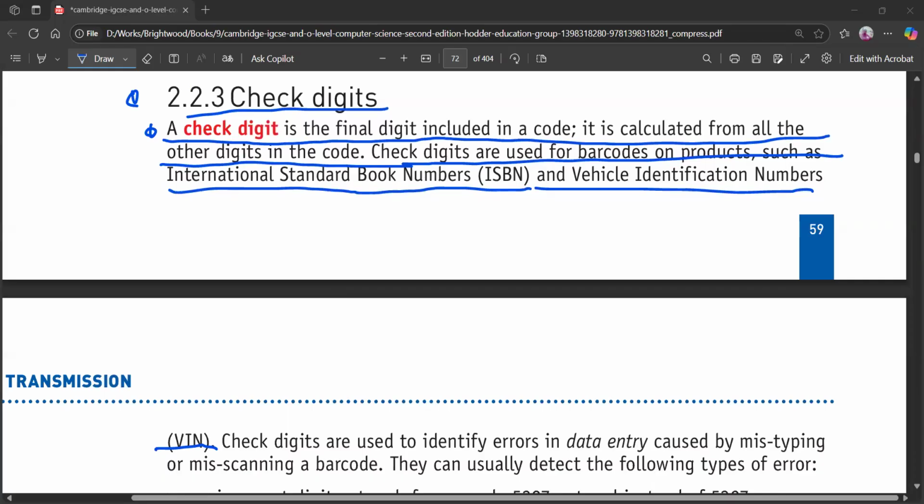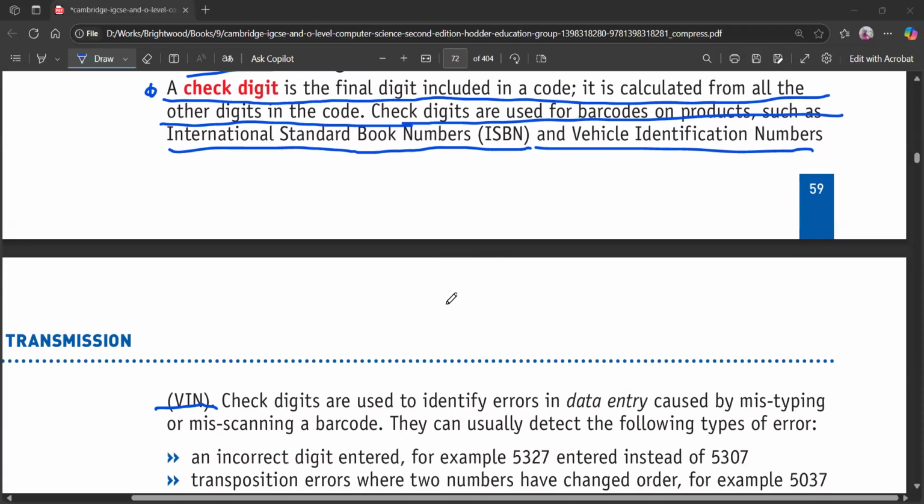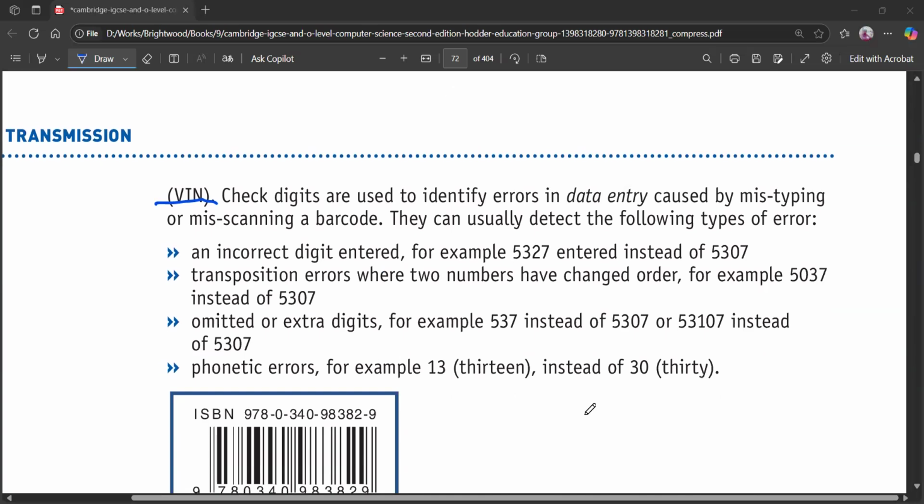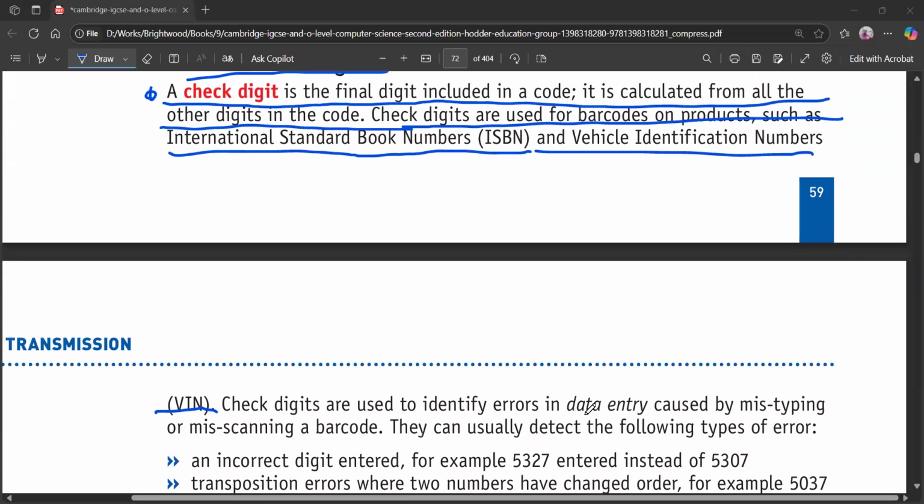That's the normal thing about check digits. Such that, a check digit is a final digit included in the code.